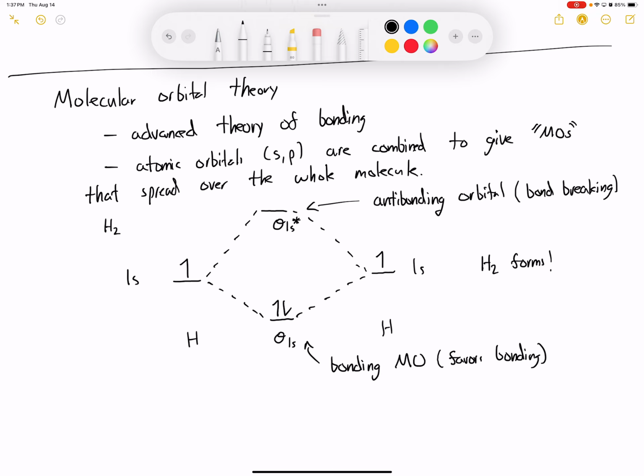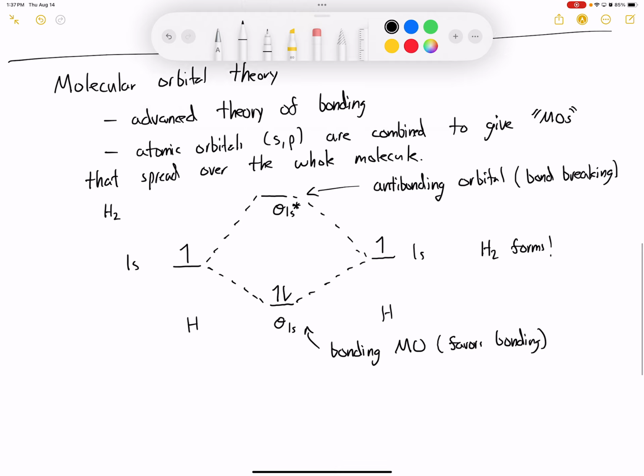Any questions? No? Yes. So, are we going to have to do this? Like, I know for Gen Chem 2, we had to draw the whole diagram. I'm wondering if we do that in OChem. No. This is kind of just a review of Gen Chem for now. But no, we will probably just talk about this one time, and I don't expect you to draw it. Okay? It's a good question.